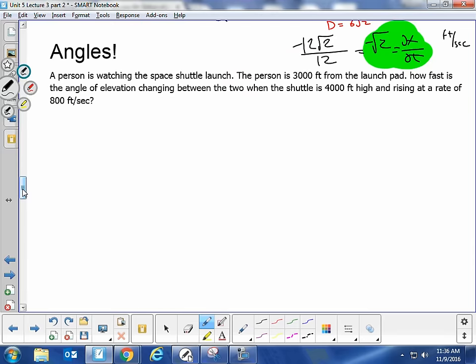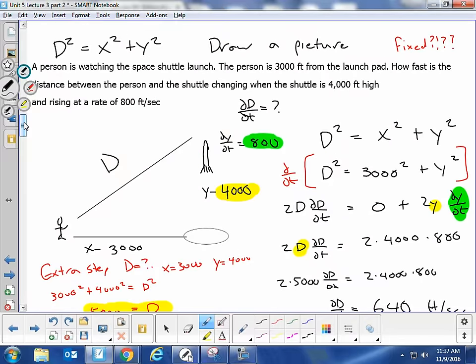We can do the same types of problems, only talking about the angles and how they are changing. Go ahead and recreate the picture of this guy watching the shuttle. And I'm just going to copy and paste, because I can do that.